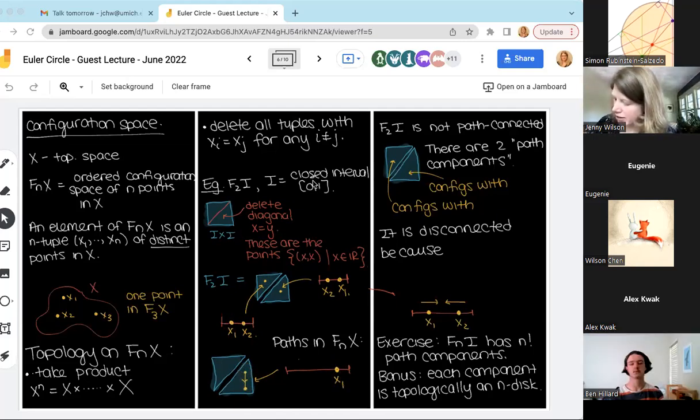But as I move down here, the y coordinate is getting bigger. Oh, I'm sorry, it's getting smaller. And so I should view this as a path of configurations where I am taking my point x2 and sliding it to the left along the number line.